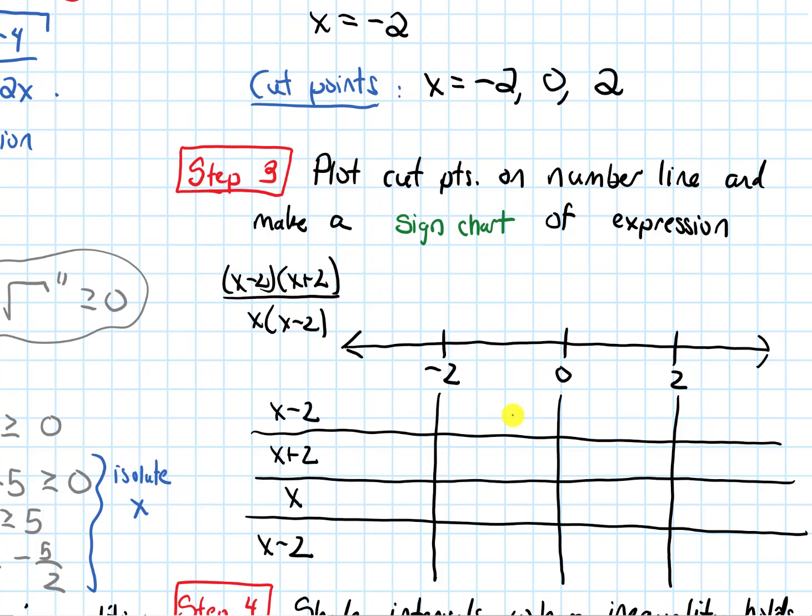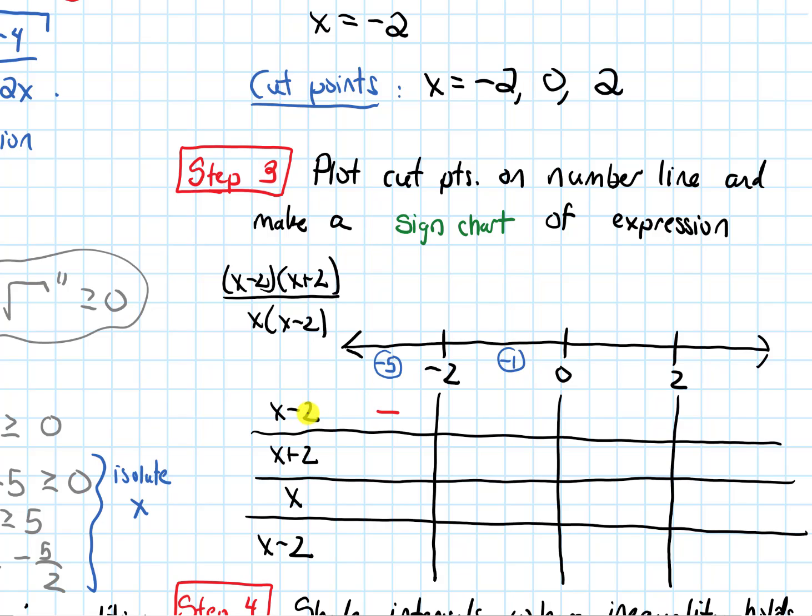And in each one of these sections, I want to figure out, is this factor positive or negative? So for example, if I had a number smaller than -2, like maybe -5 is somewhere in this interval, and I were to plug that in to x minus 2, I'd get -7. So I get a negative value here. What about if I plugged in something between -2 and 0, like -1?